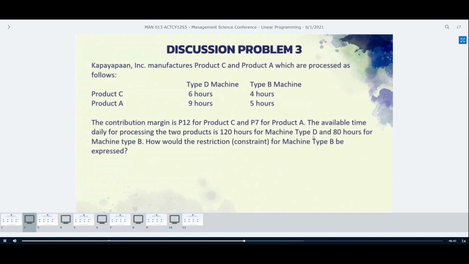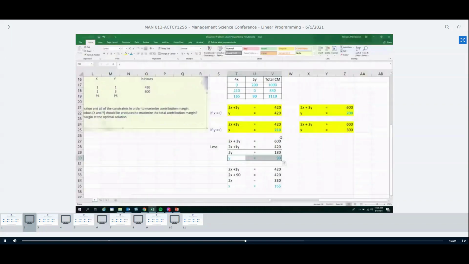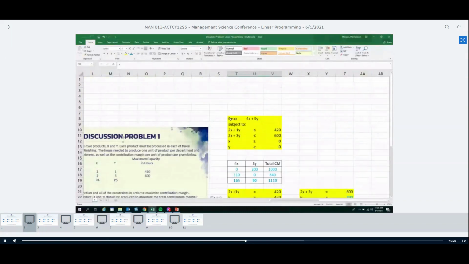Pansinin mo, ang tinatanong lang dito is ano daw yung equation to denote the constraints for machine type B. Paano yan? Remember, di ba, ang initial step natin is to create the objective function. Next step is to formulate equation for the constraints, no? So, nandito lang yung question.